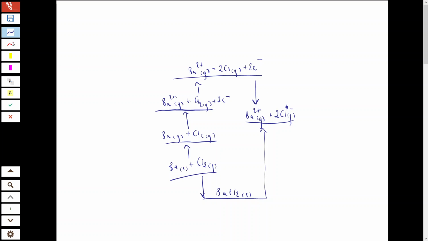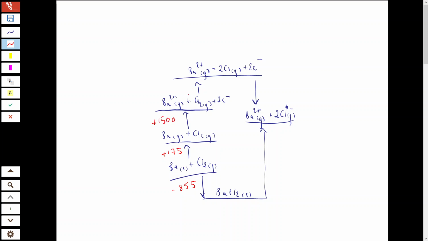So in terms of putting numbers on that cycle from what they gave us in the question, let's just look at what we've got. We've got the enthalpy of formation being minus 855. We've got the enthalpy of atomization being plus 175. We've got the first and second ionization energies together being plus 1500.